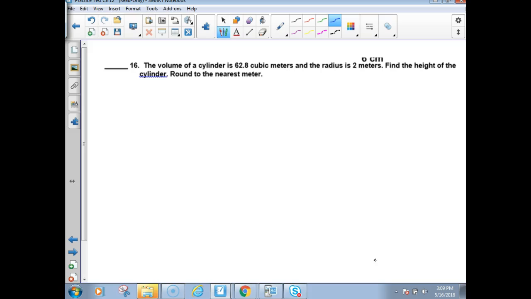Number 16. The volume of a cylinder is 62.8 cubic meters and the radius is 2. Find the height. All right, let's write down the volume of a cylinder formula. Volume of the cylinder is pi r squared times the height. They have given us V and R. This is how you pick apart a word problem.